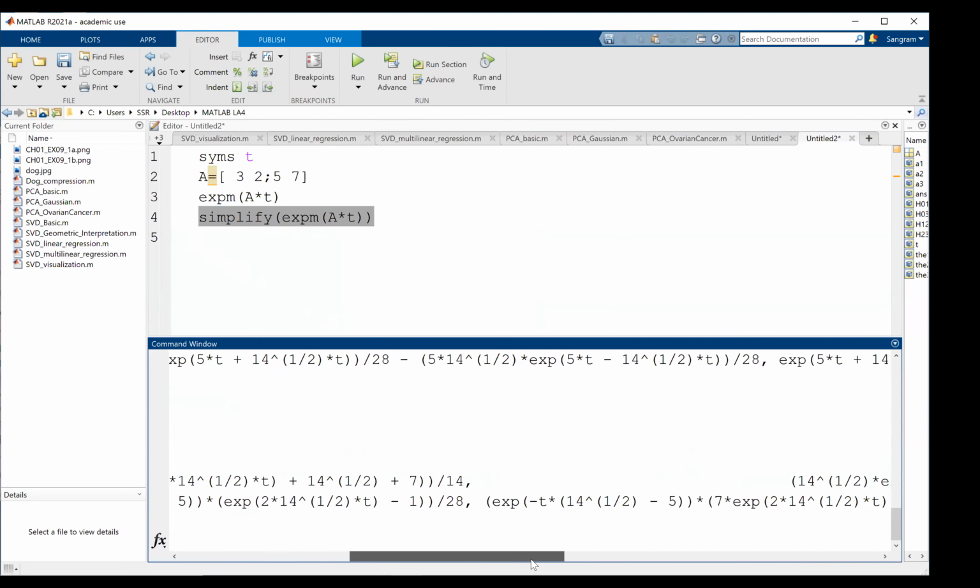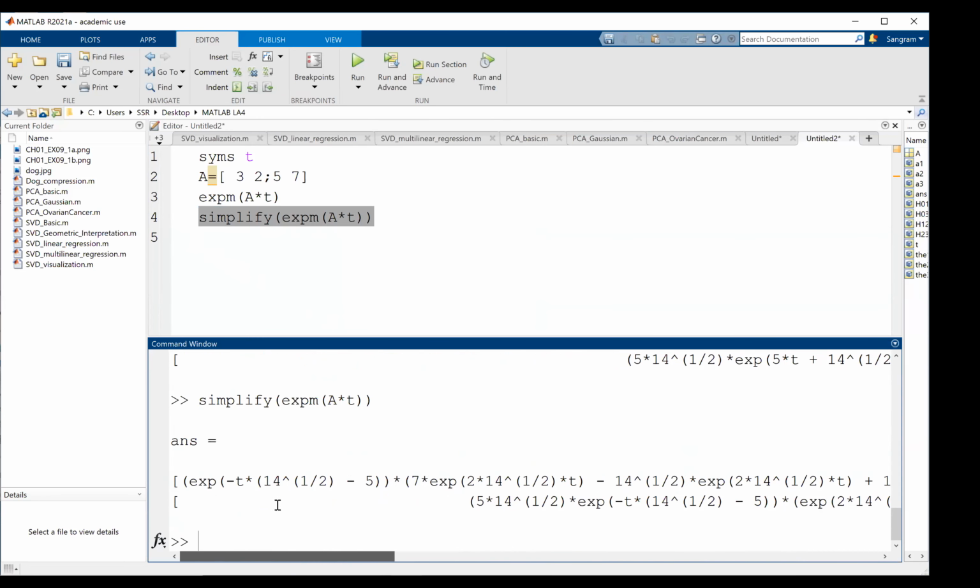You may say that this is not nice, but believe it or not, this is the solution of this differential equation. That's all you need to know from the differential equations class.